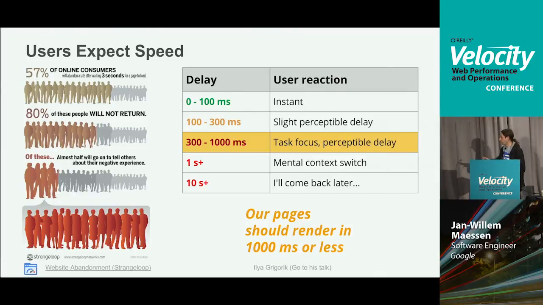So this gives us this aspirational goal that our pages should render in 1,000 milliseconds, in 1 second or less. And this aspirational goal, Ilya Grigorik has been talking about extensively in his past talks, and he'll be talking later today. So you should go to his talk and hear more about how we might break this 1,000 millisecond barrier.